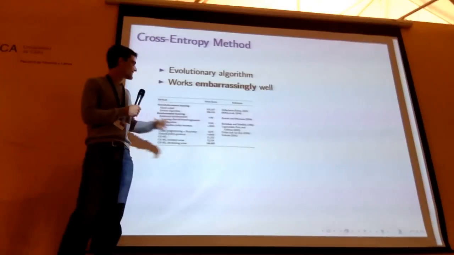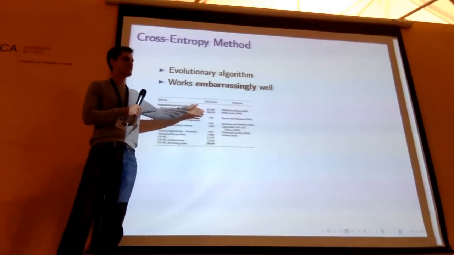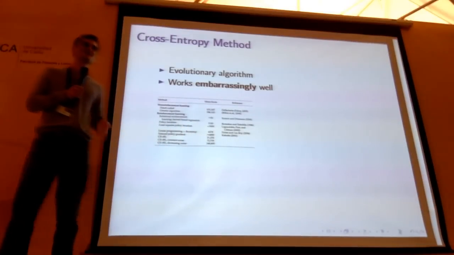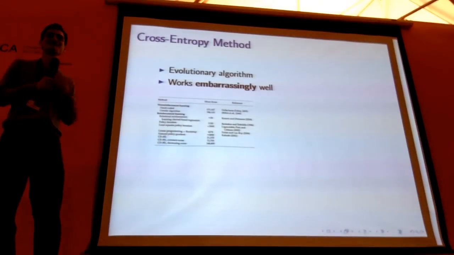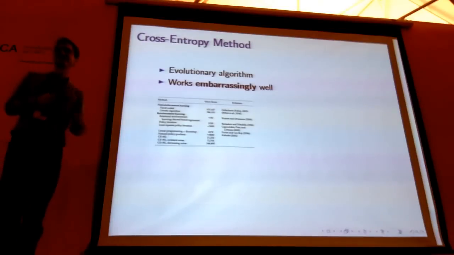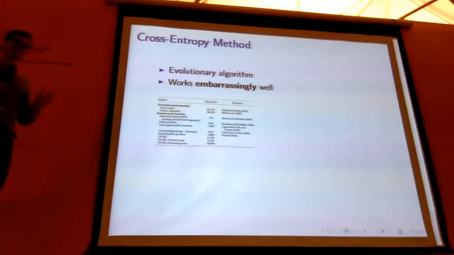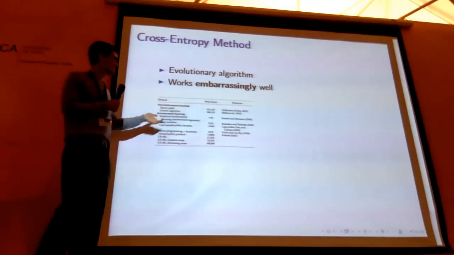And the cross-entropy method and related evolutionary algorithms have scores that are like 2 orders of magnitude larger. They get scores in the millions. The reason is not too hard to explain.